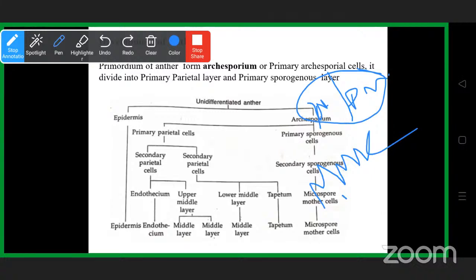This microspore mother cell will take the reduction division, forming haploid spores, the new generation. For fusion, for pollination and fertilization, it will be useful.